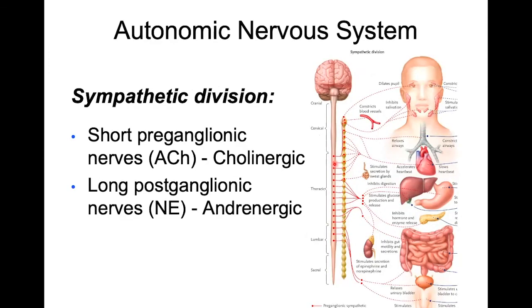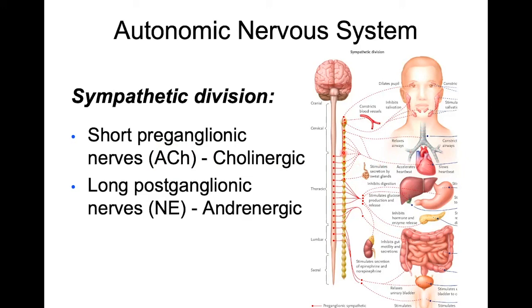The preganglionic nerves in the sympathetic division are very short compared to the very long postganglionic nerves. And the way in which we communicate signals here from the pre to the post is through specific neurotransmitters. For both the sympathetic and parasympathetic divisions, acetylcholine is the neurotransmitter that is utilized to convey the signal from your first neuron to the second neuron, from the pre to the post.